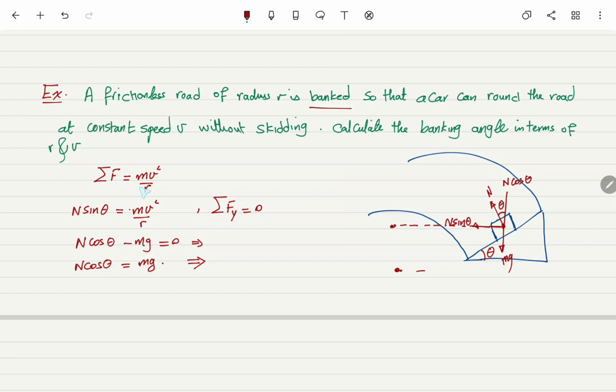By dividing this equation by this equation, we get tan theta equals v squared over r g, or we can say that theta equals tan inverse of v squared over r g.